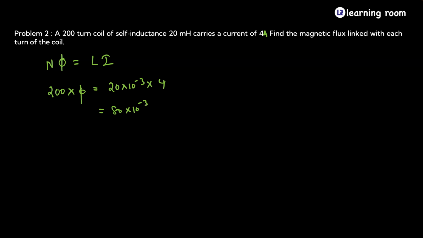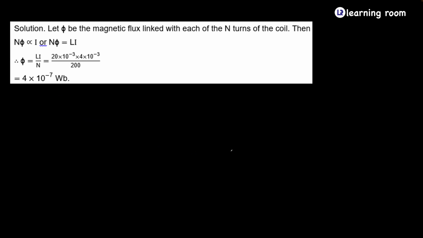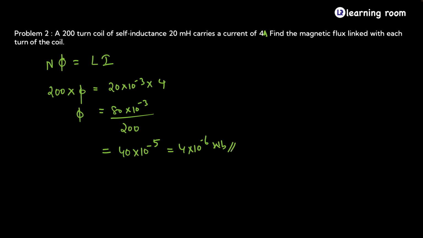So this is the magnetic flux linked with the total coil. But for each turn, you need to divide by 200. So this will be 40 into 10 power minus 5, or 4 into 10 power minus 6 Weber, or 4 micro Weber. Four into 10 power minus 7.